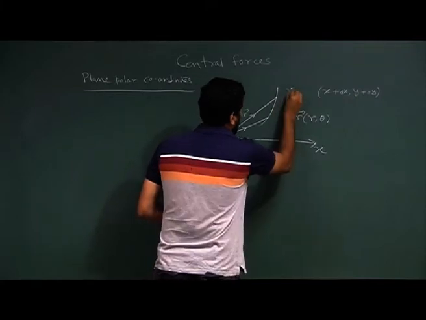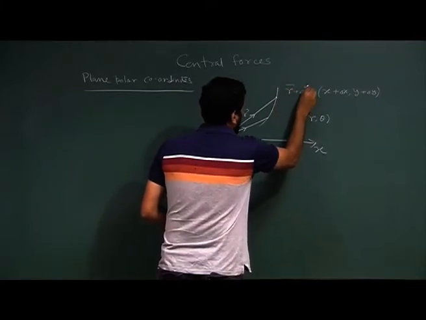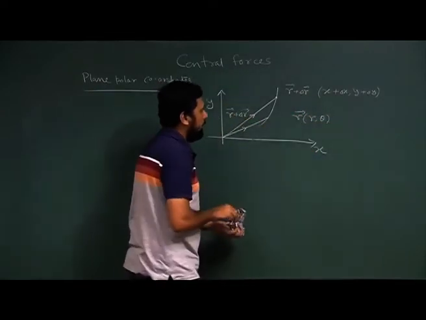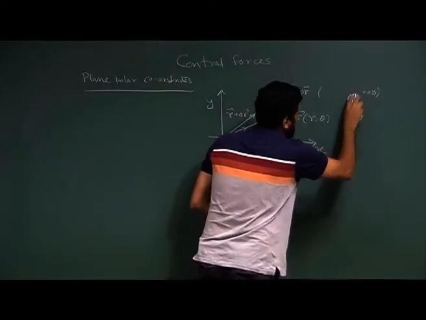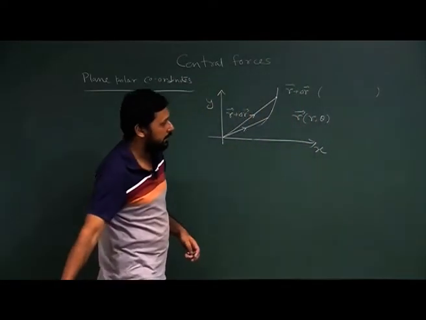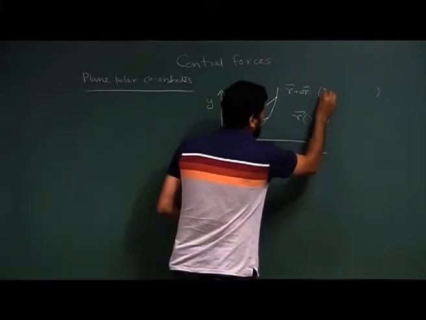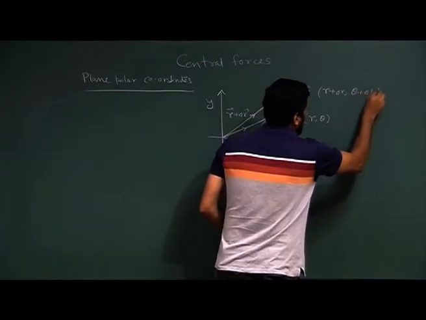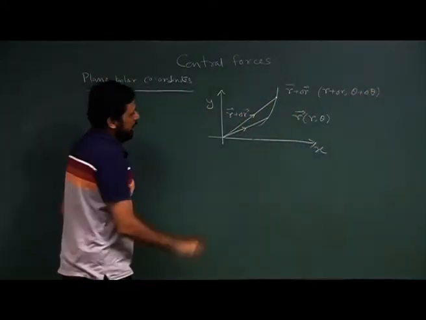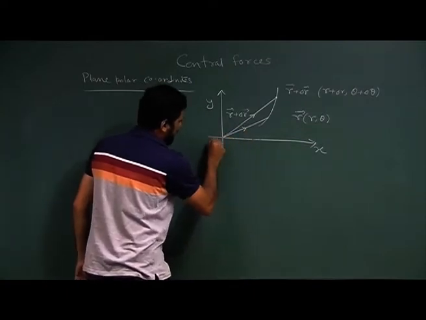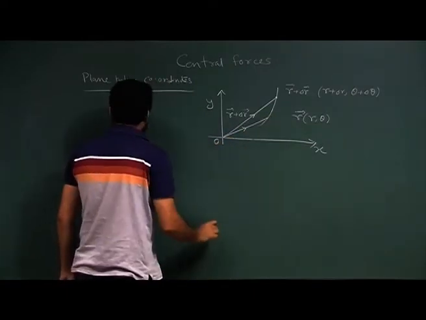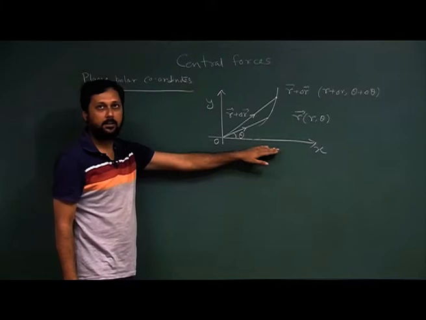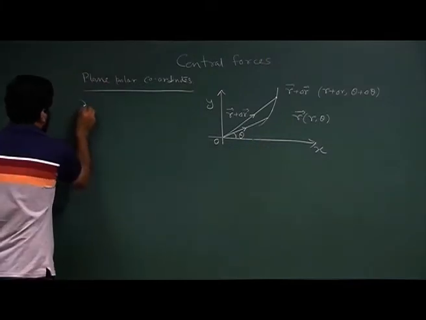Instead of x and x plus delta x, we write r plus delta r and theta plus delta theta. What is r and theta? r is the distance from the origin to this particular point, and theta is the angle it makes with the positive x direction.